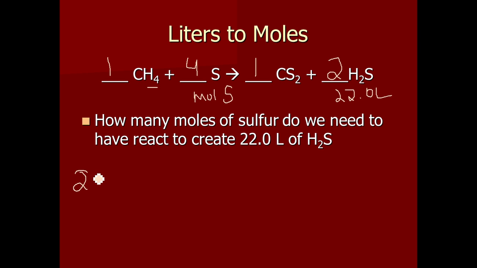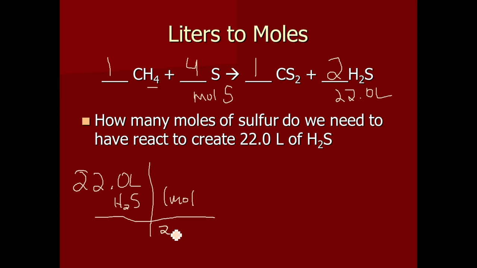Okay, so let's go back. Say we have 22.0 liters of H2S. Let me set up the chart. So now I'm going to put 1 mole over 22.4 liters, and this is still the H2S down here as well.